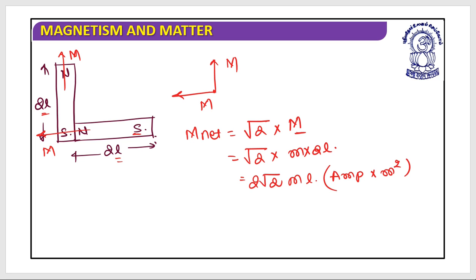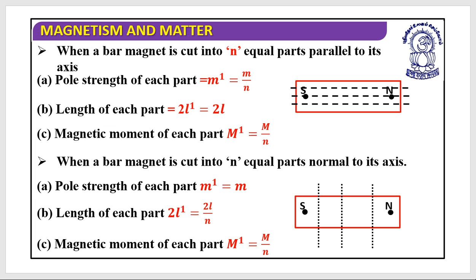Great. Now let's suppose the situation is that a bar magnet is cut into n equal parts parallel to its axis. This is the axis of the magnet, and we have divided this magnet into n equal parts parallel to its axis.